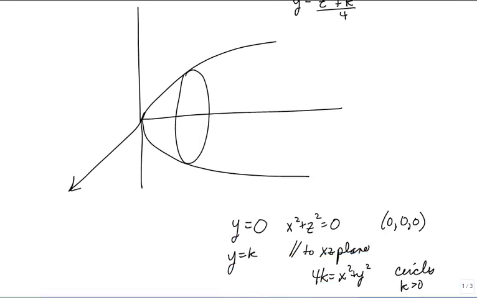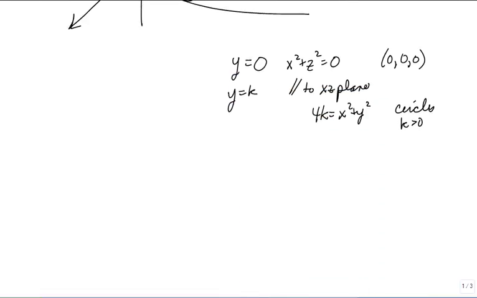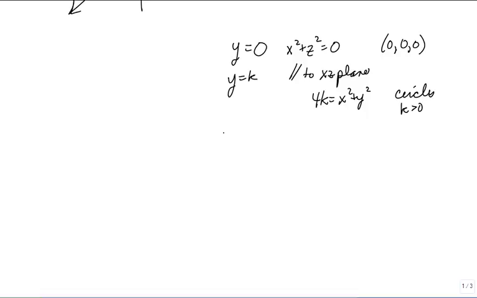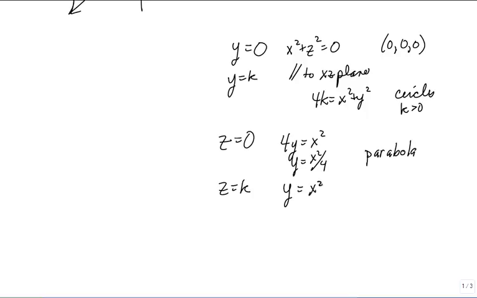And again, you can tell by the traces what we're going to end up getting if you do enough of these. If z equals 0, you get 4y equal x squared, y equal x squared over 4, another parabola. If z equal k, we get y equal x squared plus k squared over 4, which is again a parabola.